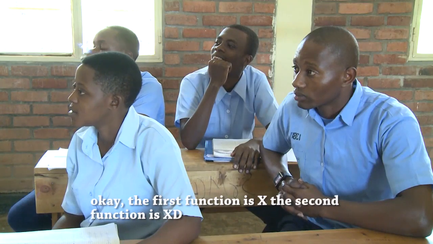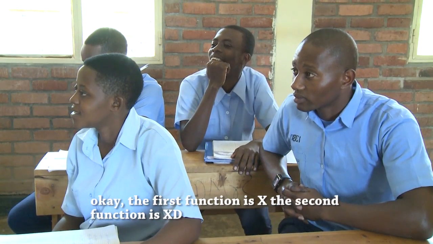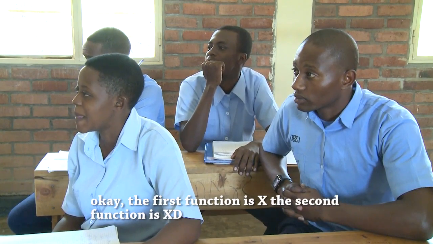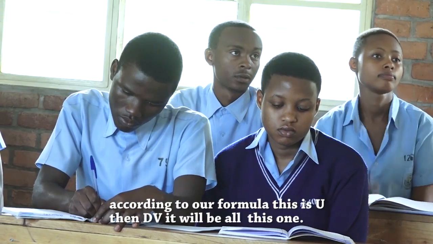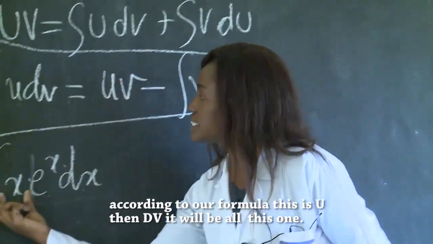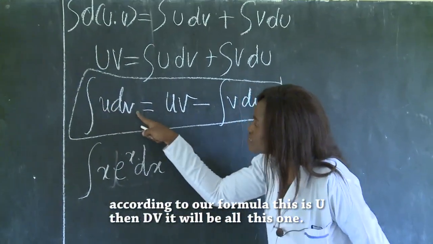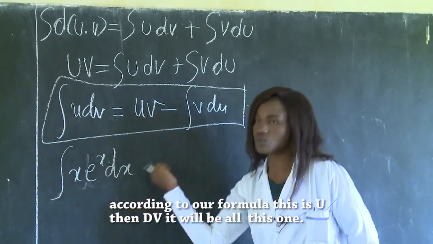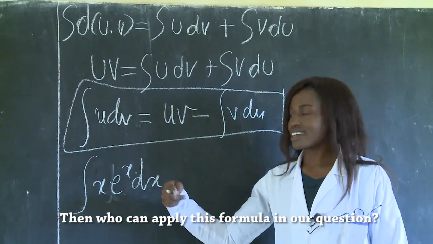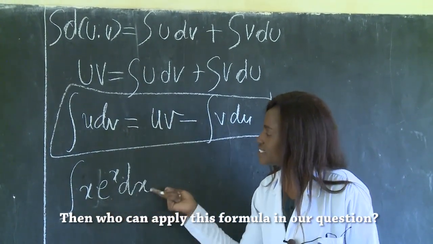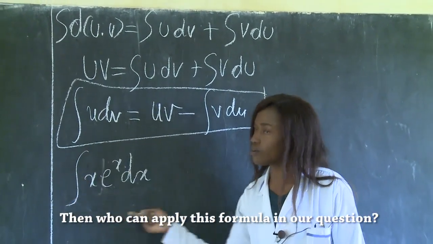The first function is x, the second function is e power x. According to our formula, this is u, then dv will be all this one. Then who can apply this formula in our question?